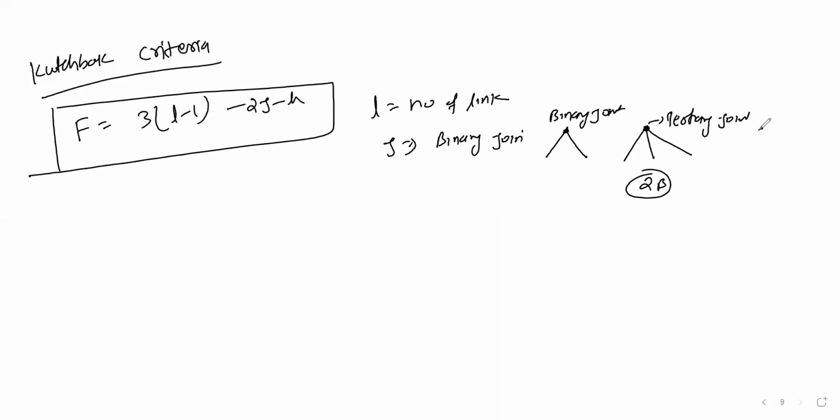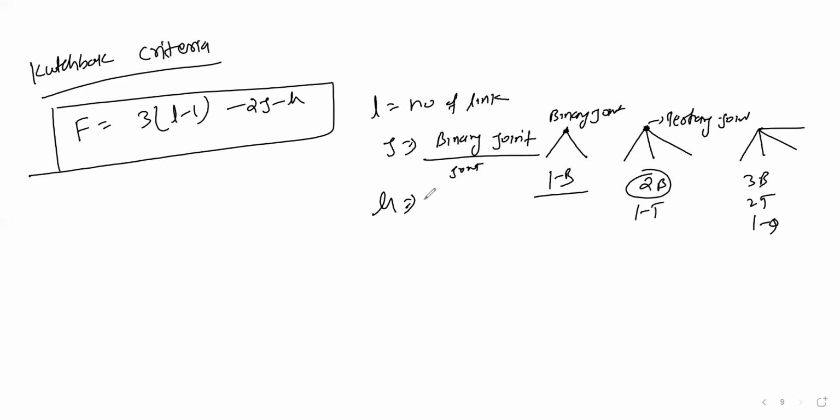Or if it is quaternary, like that, in quaternary there will be 3 binary, 2 tertiary, and 1 quaternary. In that, there is 1 tertiary and there is 1 binary. So this is the binary joint, or we can say just joint only. And H indicates the higher pair. How many higher pairs will there be? Higher pair means line or point contact.